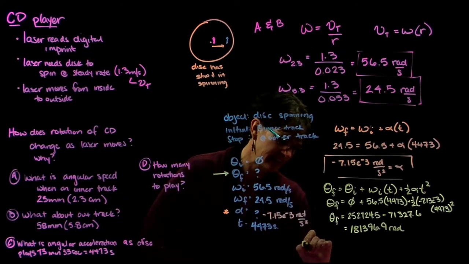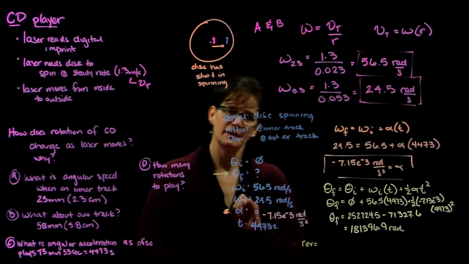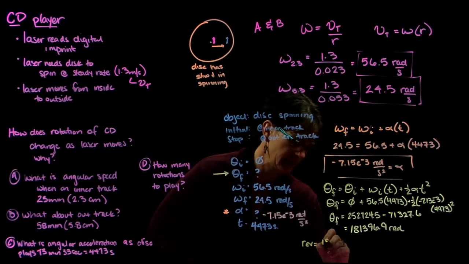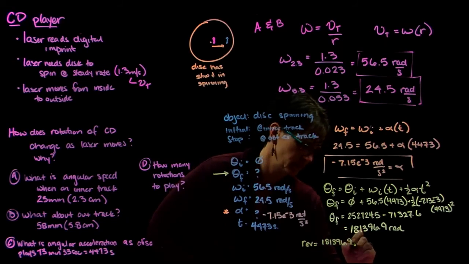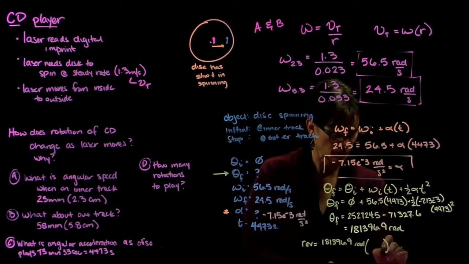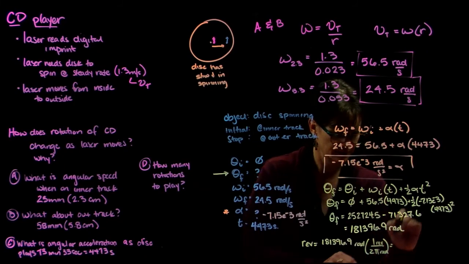It's asking for the number of rotations or revolutions. So we have 181396.9 radians. And we know that there are 2 pi radians in 1 revolution.